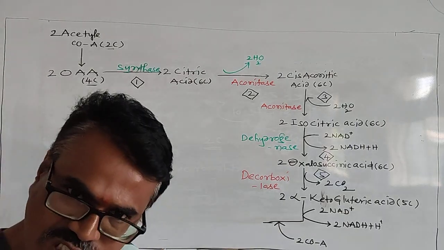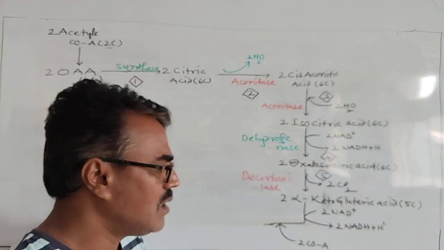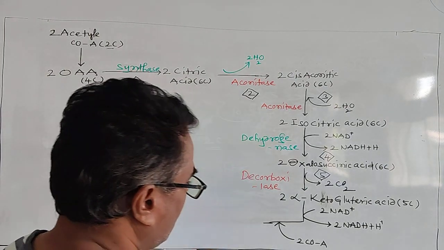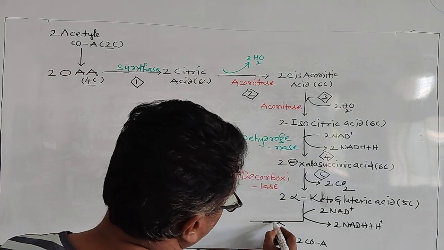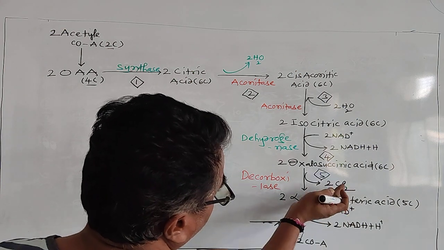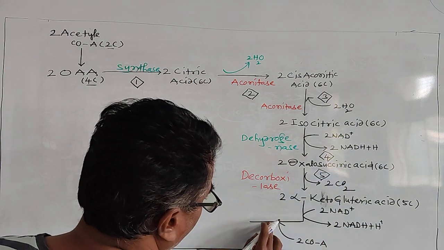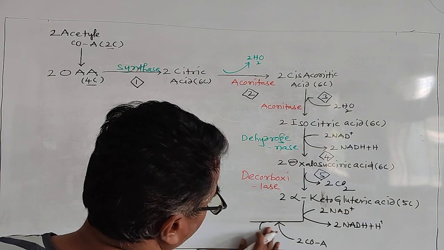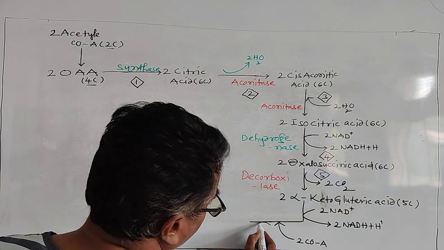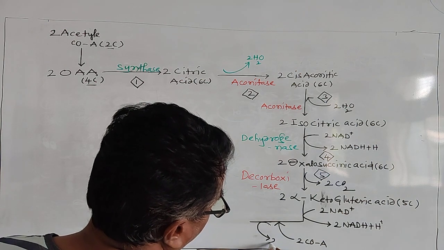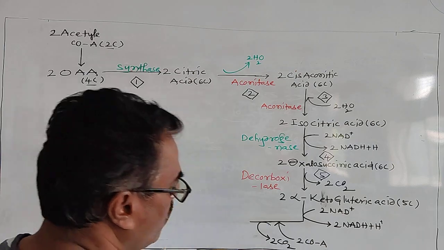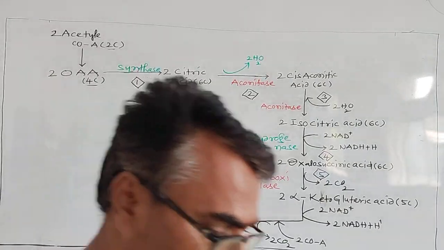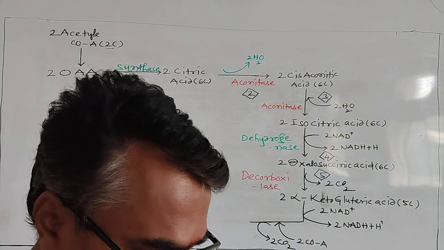Next, the third one, decarboxylation, which we already discussed in the fifth chemical reaction: the 2 moles of CO2, this is very important, are removed from alpha ketoglutarate acid.